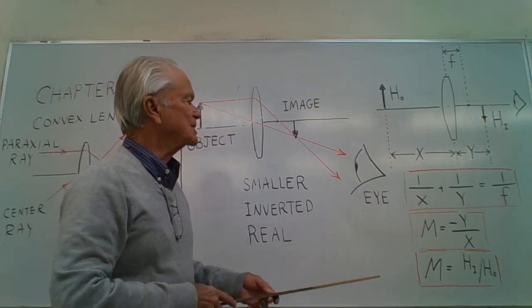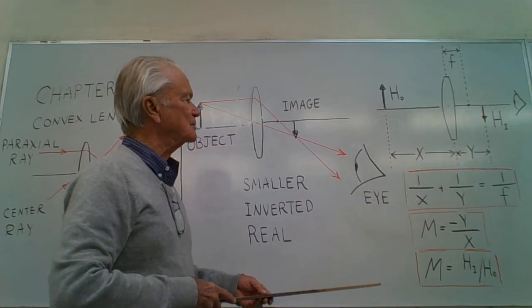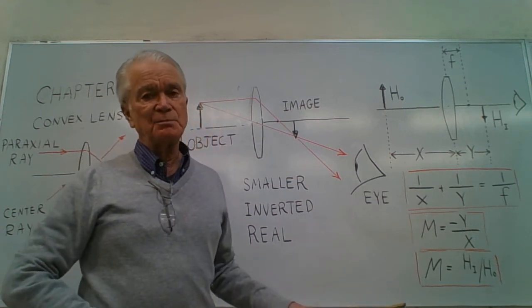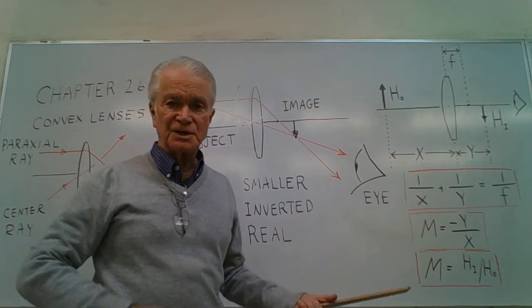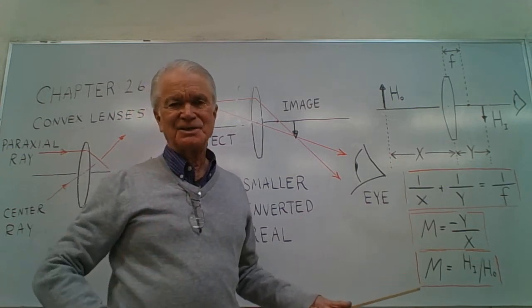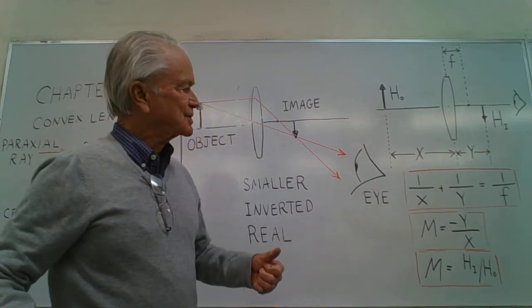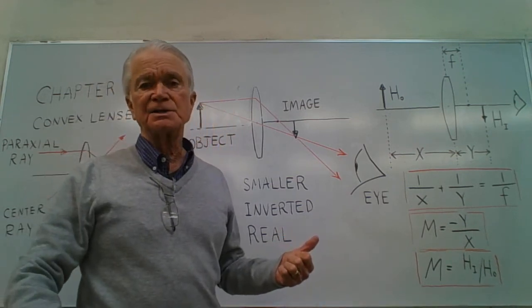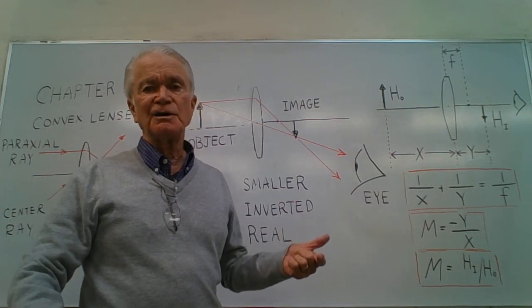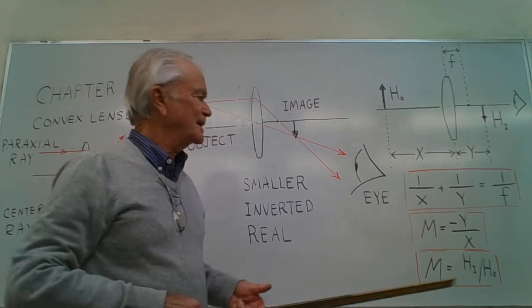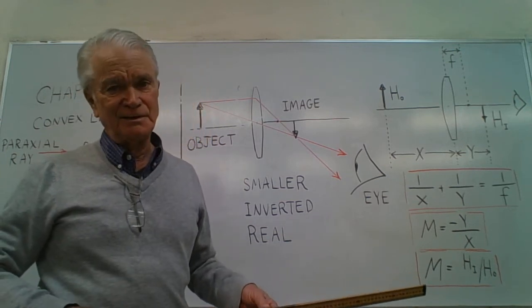The last thing I'll tell you before we move on to a different part is that there are some crucial equations, very important equations, that you can use to determine the characteristics of an image, such as whether it's on the eye side of the lens, whether it's shorter or taller, whether it's upright or inverted, and whether it's real or not real.